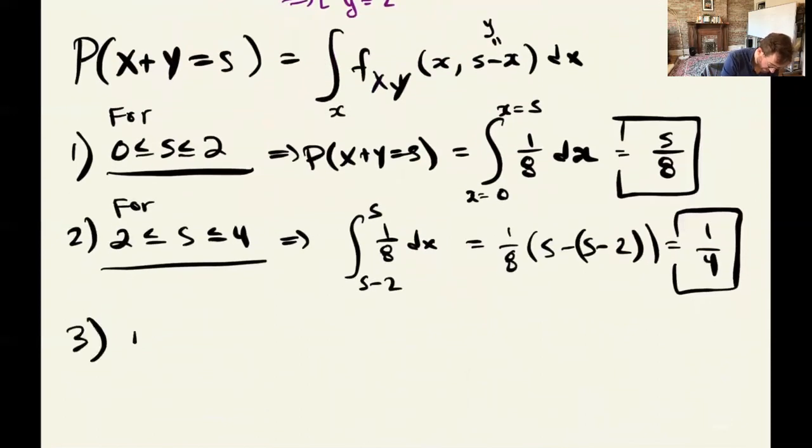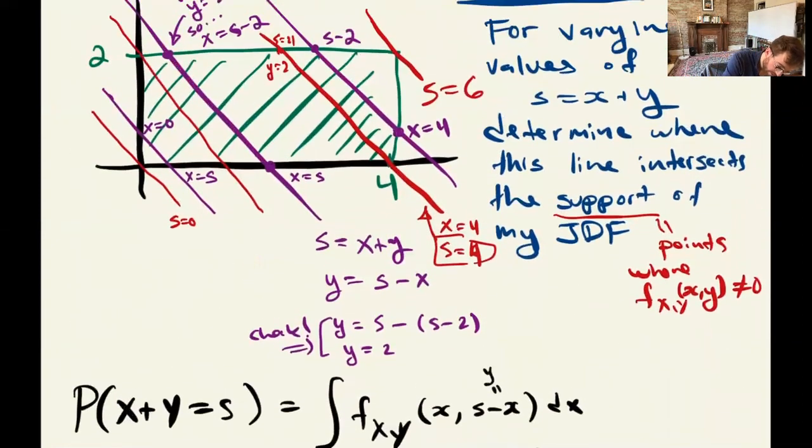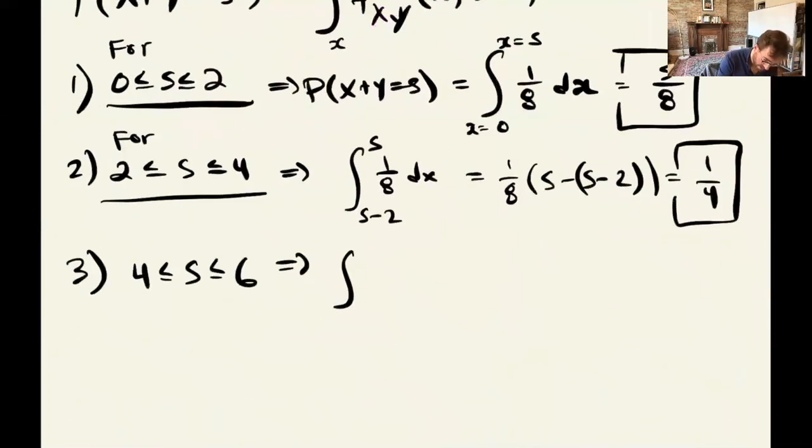So let's go ahead and see that using calculus. All right, so I need to determine what's the lower limit of my integral. Well, s minus 2 still, but now my upper limit isn't some arbitrary value of s. It's equal to 4. This is because it tells me I'm running out of area here.